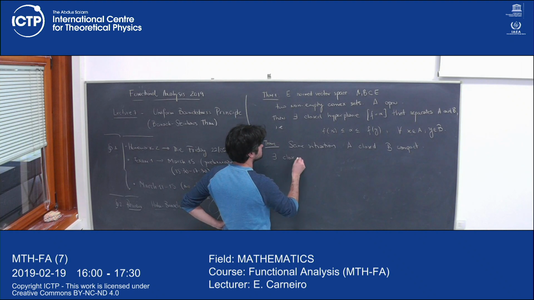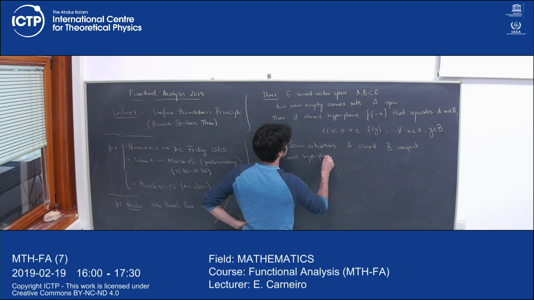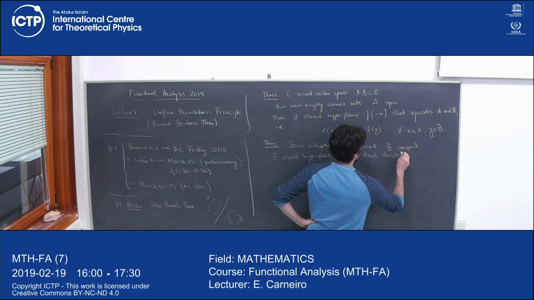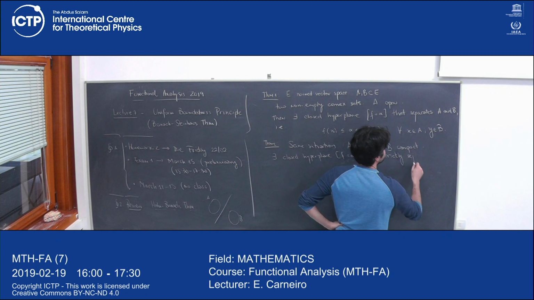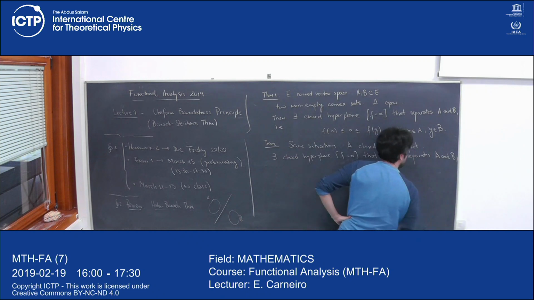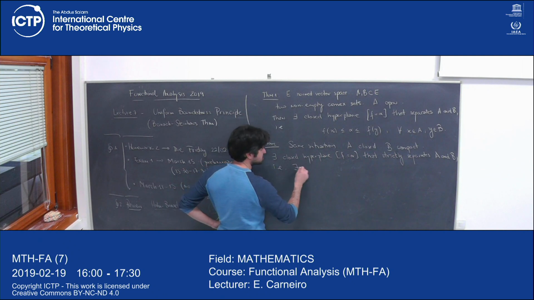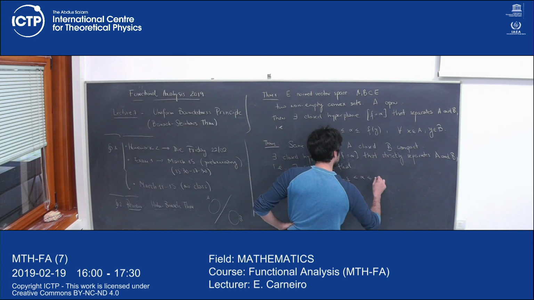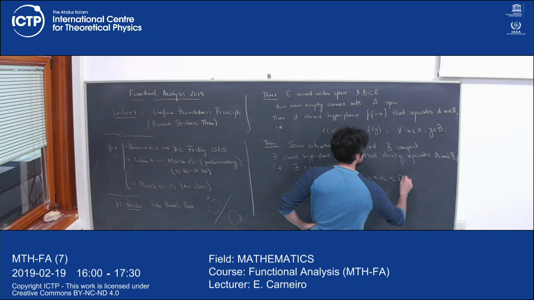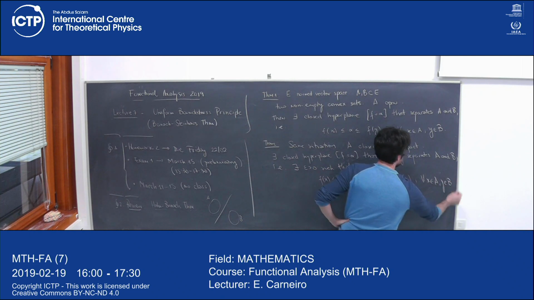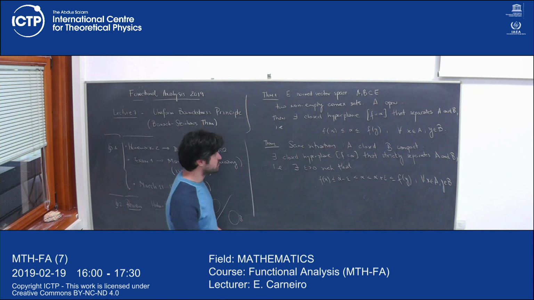So this is a closed hyperplane, say f equals alpha, that strictly separates the sets A and B. That is, there exists an epsilon bigger than 0 such that f of x is less than or equal to alpha minus epsilon, which is less than alpha, which is less than alpha plus epsilon, which is less than or equal to f of y for any x in A and y in B. Okay, so it can actually strictly separate this thing.